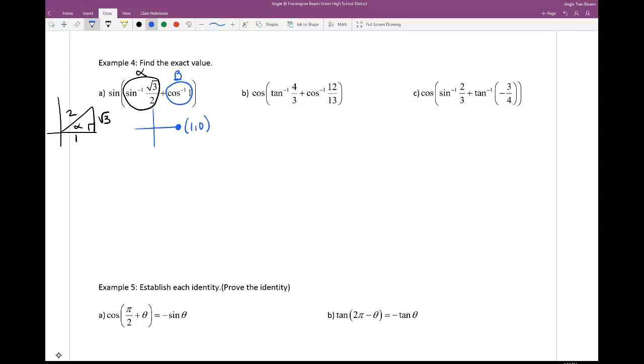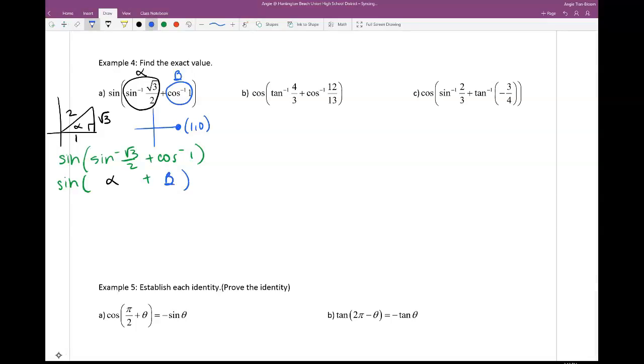Okay, so let's go and find sine of sine inverse of radical 3 over 2 plus cosine inverse of 1. But we already know that this is alpha and this is beta, right? So let's use your identity. And I meant beta.